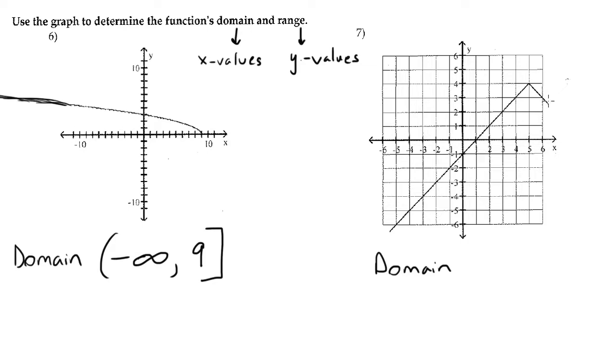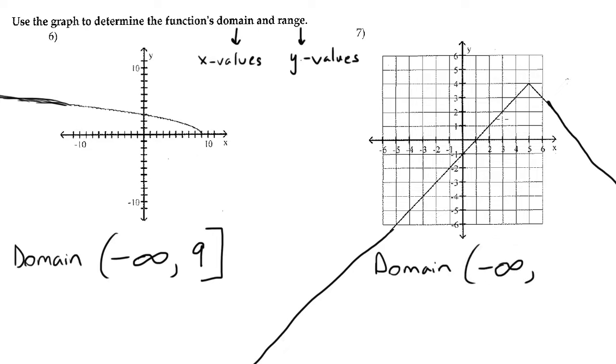And now look at this function on the other hand. It continues off the graph. Continues forever. So this function is defined for every x value going to the left.